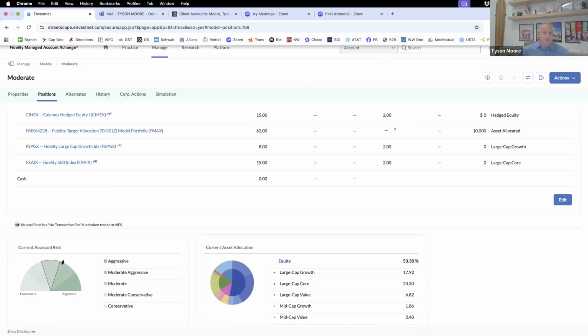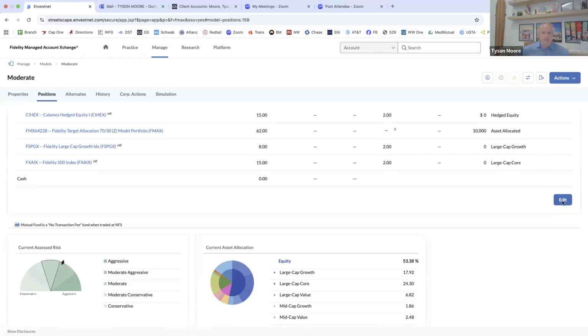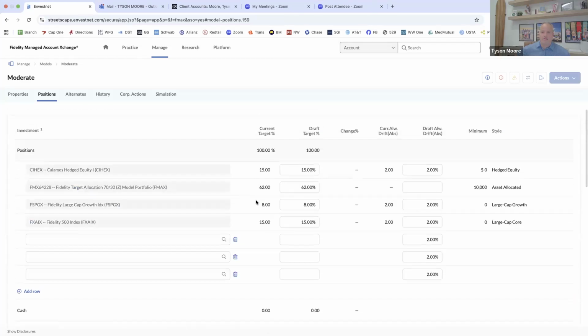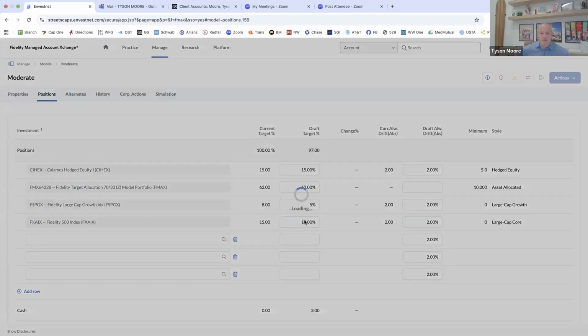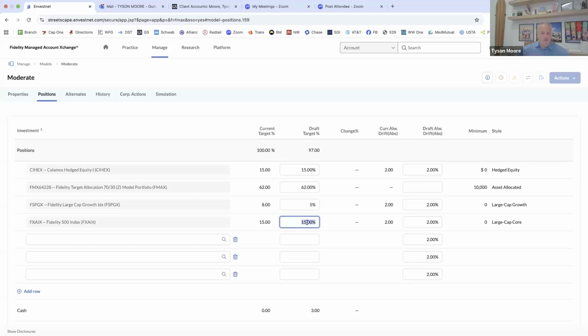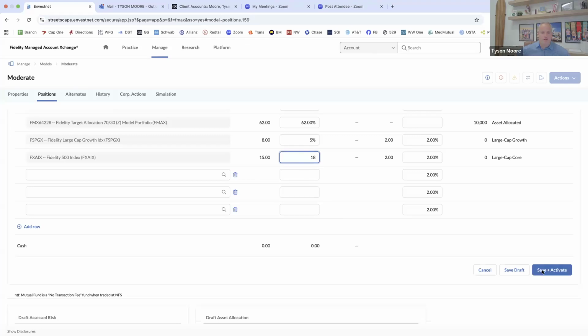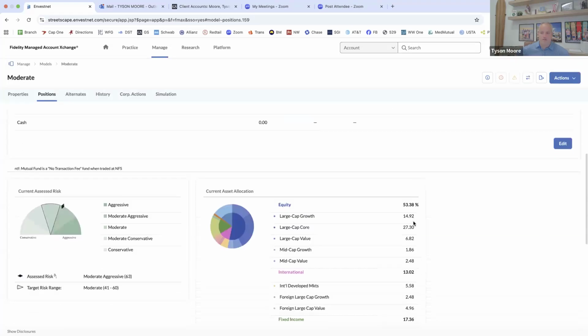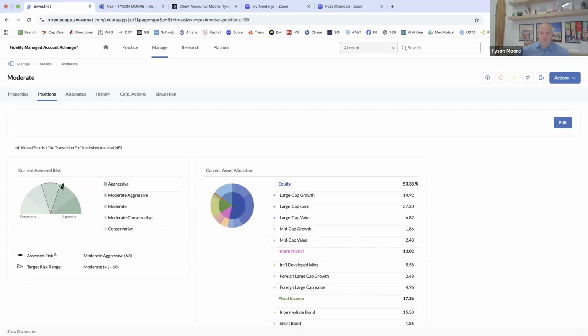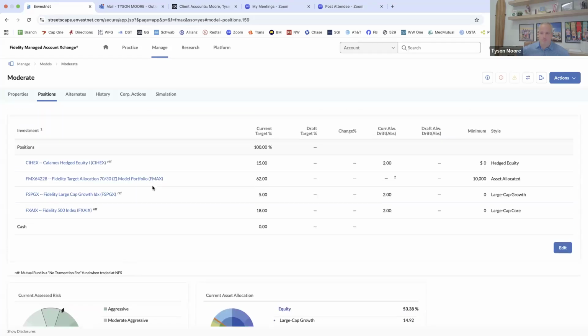In fact, just to show you guys, if I edited this, and let's say I did 5% large cap growth and 18% S&P, save. Now I'm still at 63. Maybe it weights S&P and growth the same.